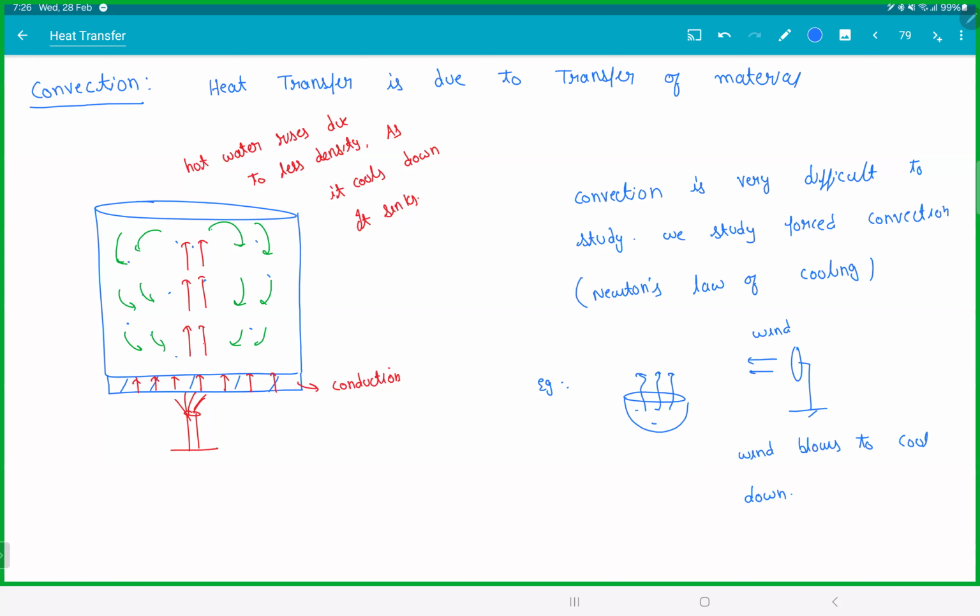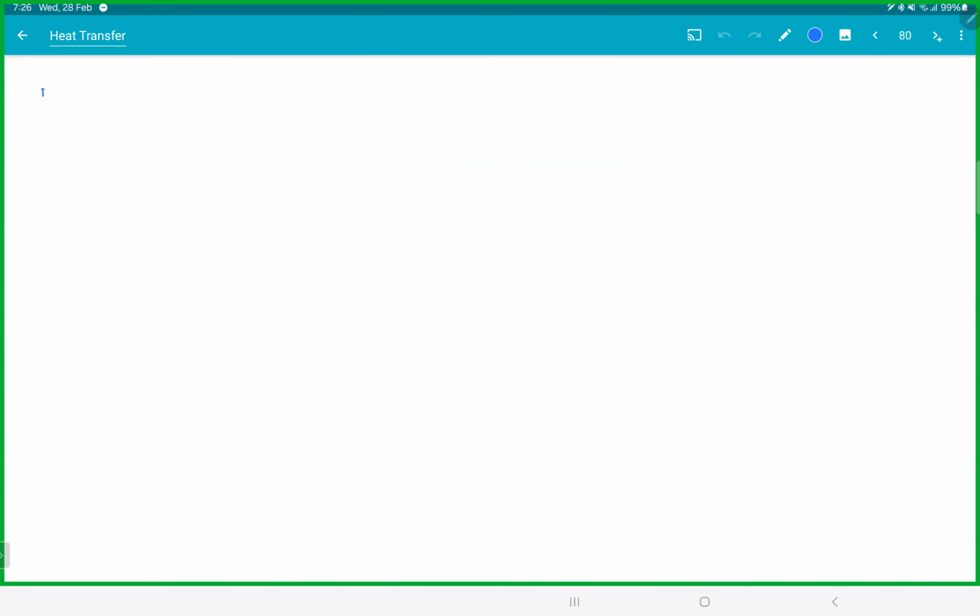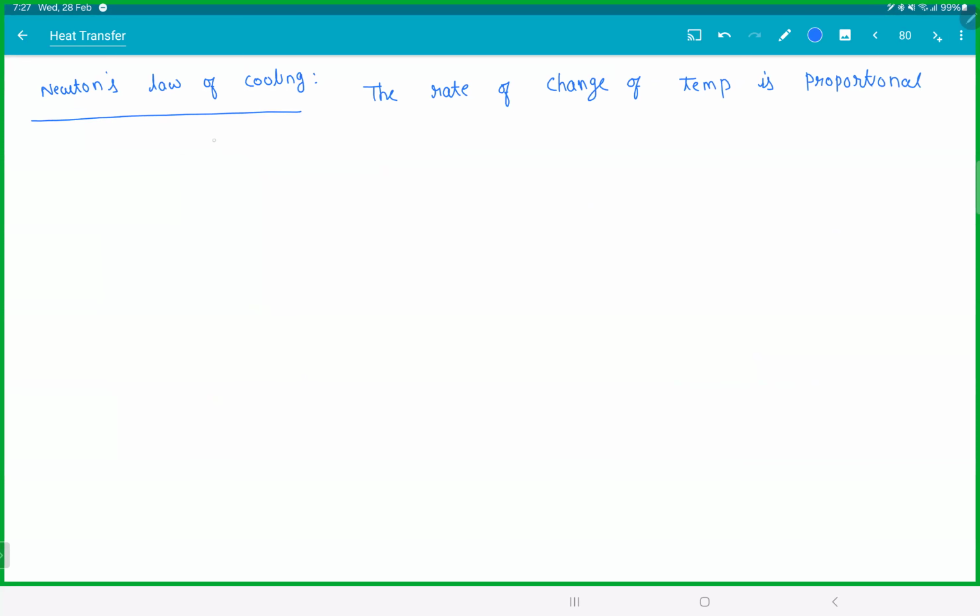So what is Newton's law of cooling? Newton's law of cooling says the rate of change of temperature is proportional to the temperature difference between the body and the surrounding.